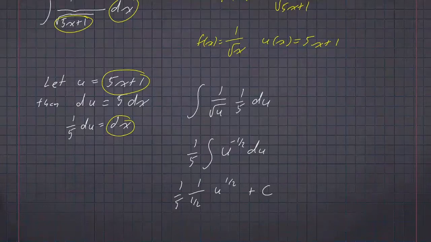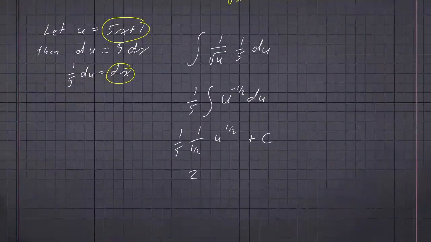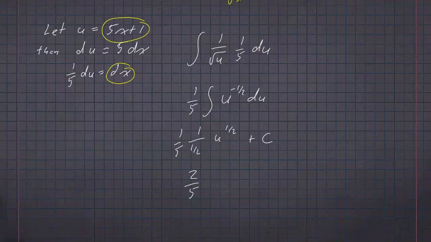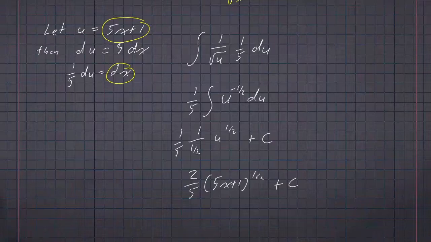And as always, there's an arbitrary constant of integration. Cleaning up the coefficients, 1/5 times 1 over 1/2 is 2 over 5. Substituting back in, u is 5x plus 1, so u to the 1/2 is 5x plus 1 to the 1/2. And again, plus arbitrary constant of integration.